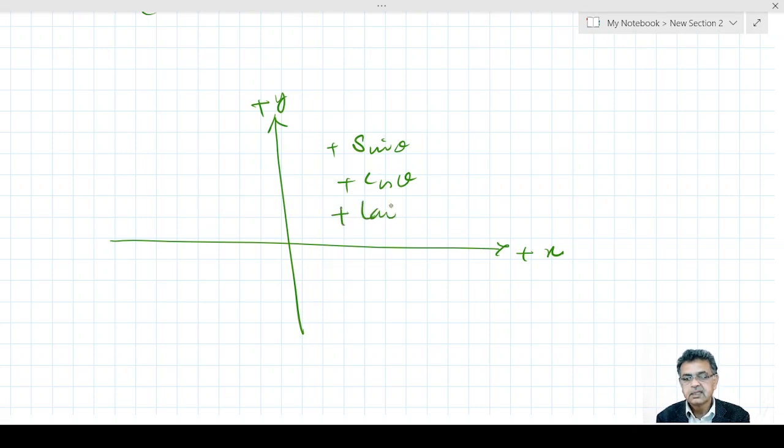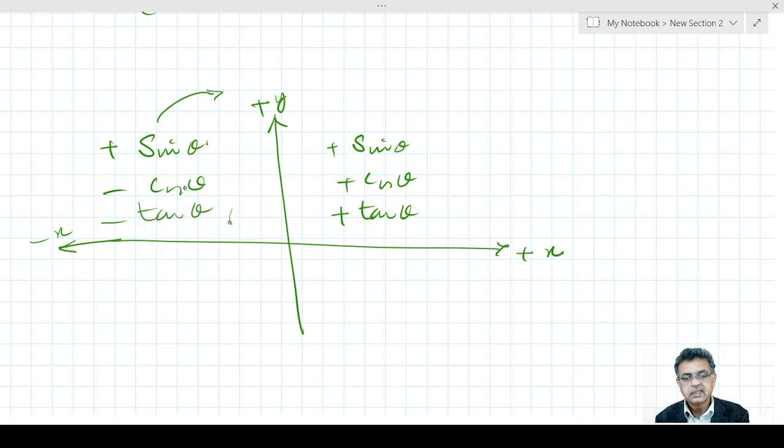And tangent theta is positive for the reason that y and x, rise over run or gradient, everything is positive. In this quadrant, sin theta is positive for the reason that y is positive. Cos theta is negative in this quadrant for the reason that x is negative. And tangent theta is negative for the reason that gradient is negative in this way.